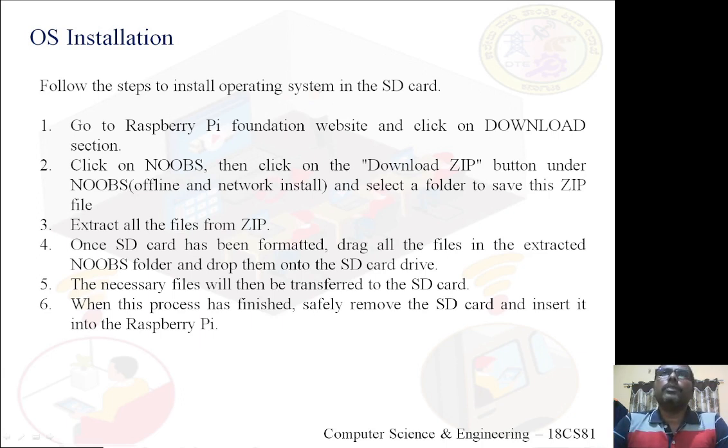So click on NOOBS, and now a zip file will be downloaded. Click on the download zip button under NOOBS, offline and network install, and select a folder to save this zip file. Usually it gets downloaded in your downloads folder.